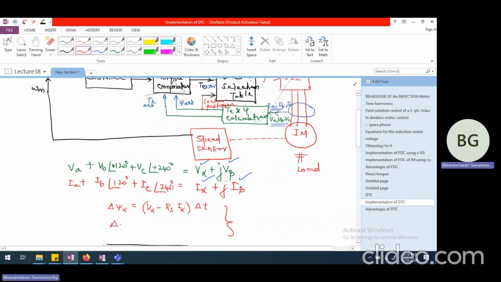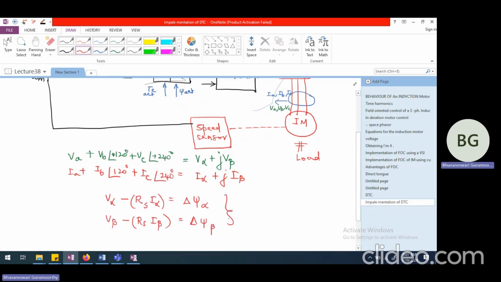Similarly, delta psi beta, the incremental change in the flux linkage along beta axis, will be equal to V beta minus Rs times I beta multiplied by delta t.